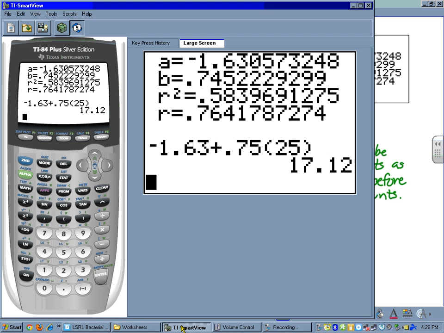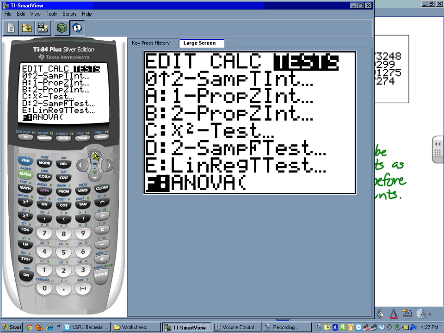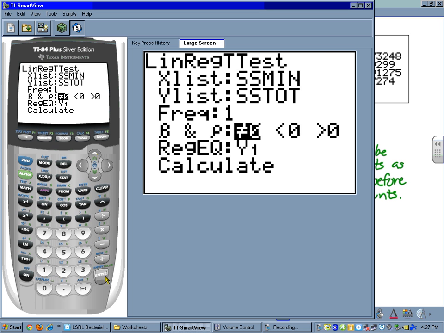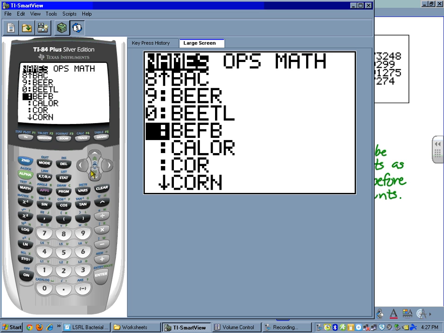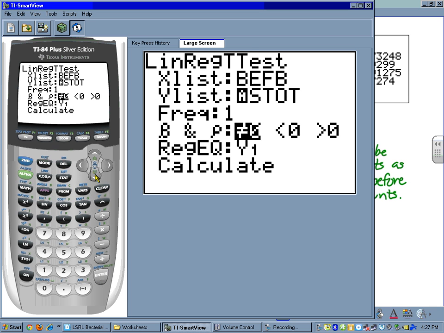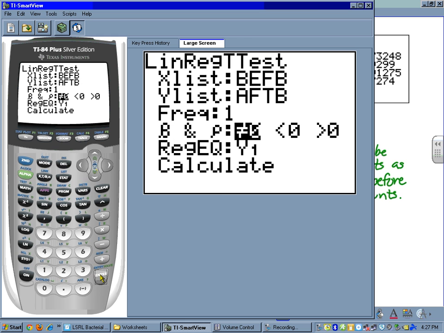The easiest way for us to do that is to use our calculator and go over to stat tests and find LinReg t-test. Change my data lists to the before bacteria count and the after bacteria count. This line doesn't matter.